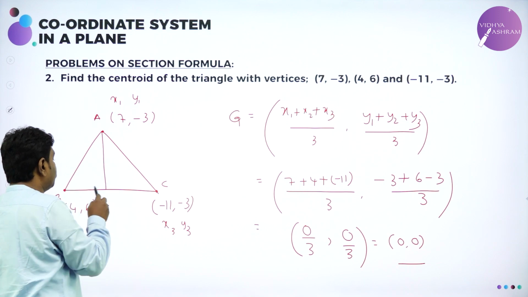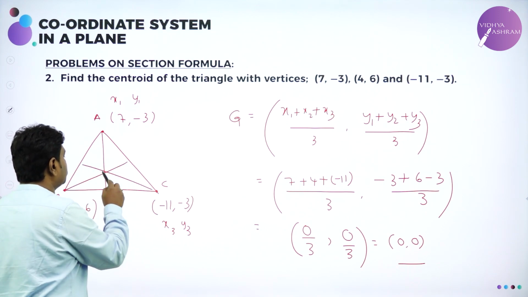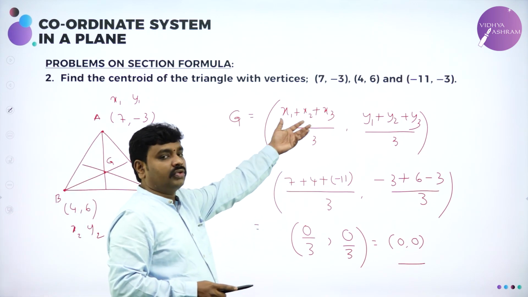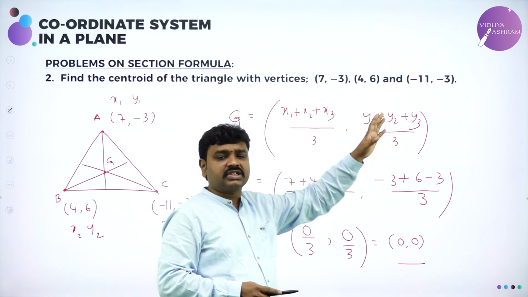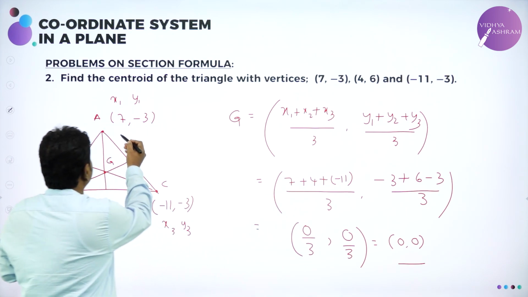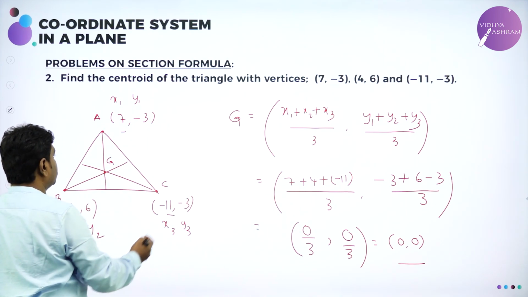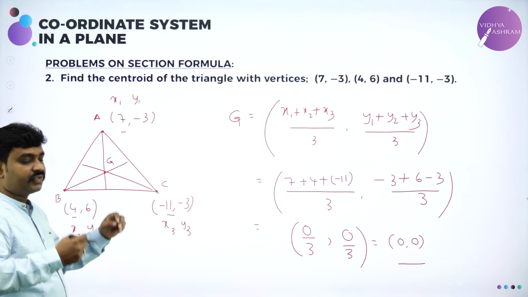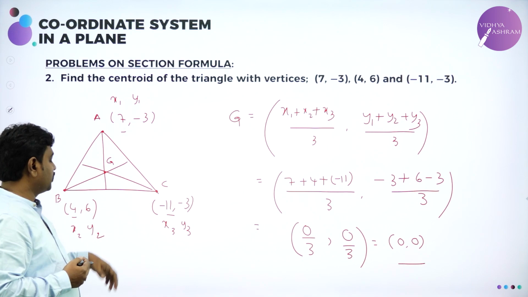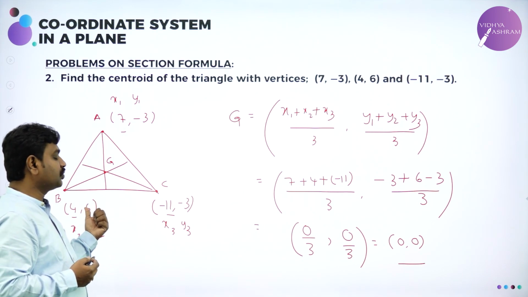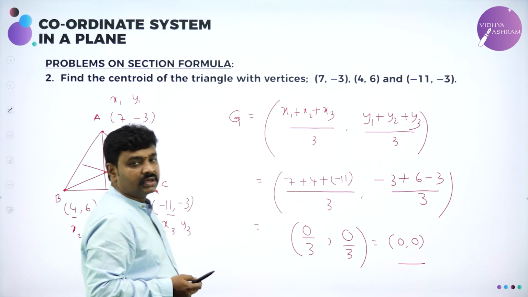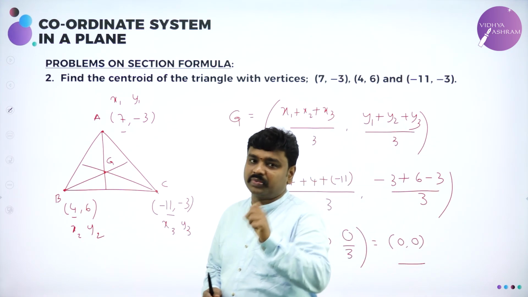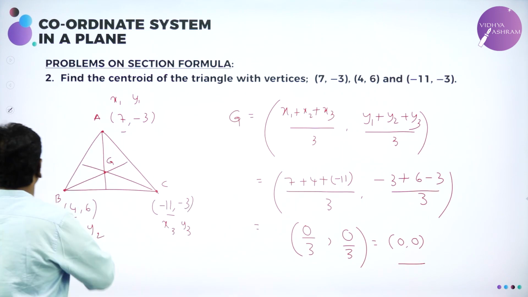Centroid is the point of intersection of medians, so all the medians will intersect at this point, and finding centroid is simple: sum of the x coordinates by 3, comma, sum of the y coordinates by 3. The x coordinates are the first values of all 3 points. So the centroid of a triangle is x1 plus x2 plus x3 by 3, y1 plus y2 plus y3 by 3.